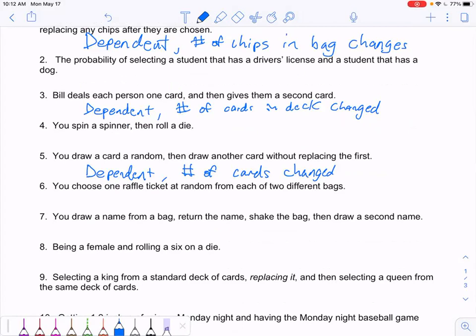Michael, if we are putting the name back, is it dependent or independent? Yeah. Big difference. Return was the part of return. Yeah. Was there a return or was there any change?